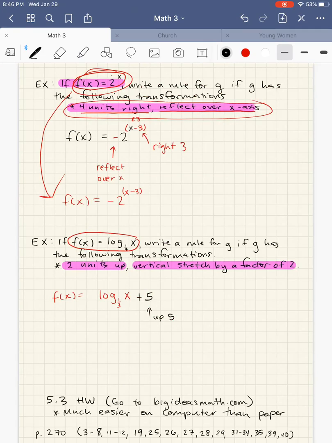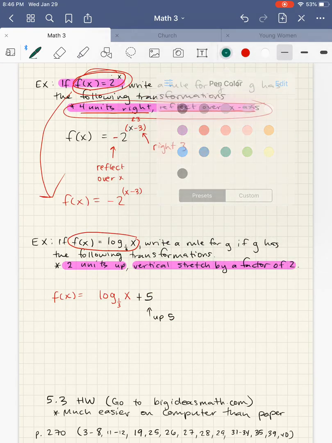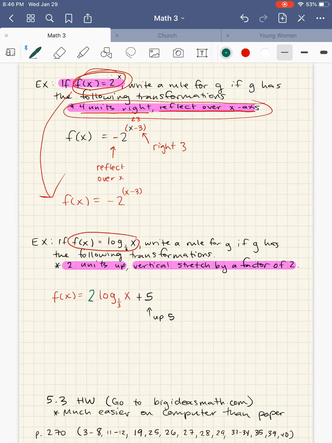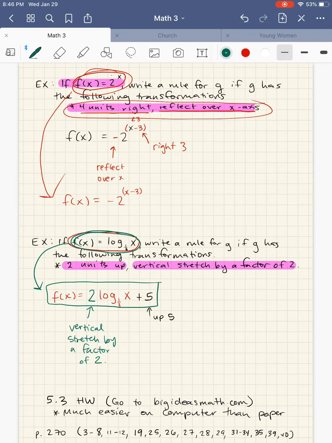So let's go back to my example. If I want to do a vertical stretch by a factor of 2, I'm just going to put a 2 in front. So this makes me have a vertical stretch by a factor of 2. So this is the equation that makes us go from this original function to a function that's 2 units up and vertical stretch by a factor of 2.